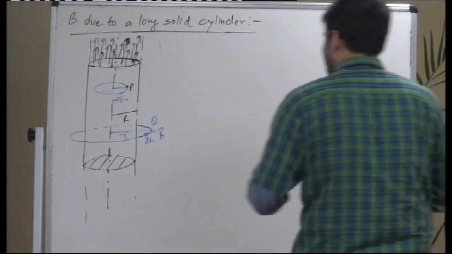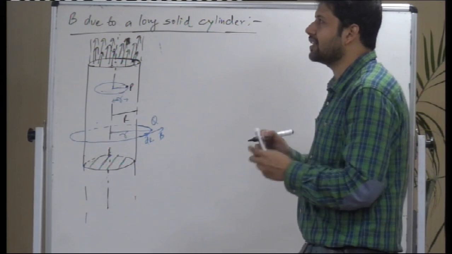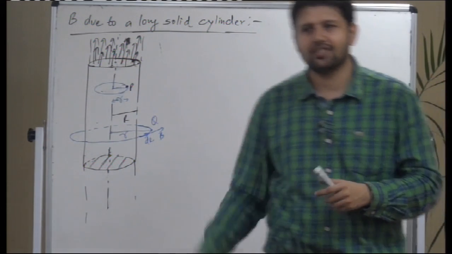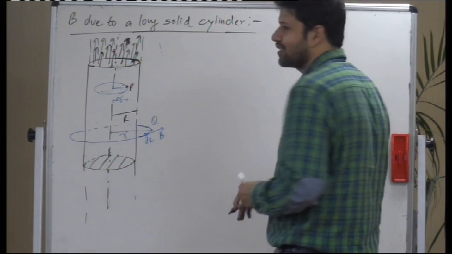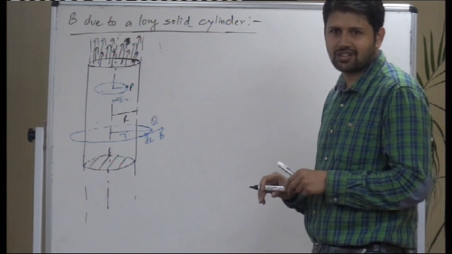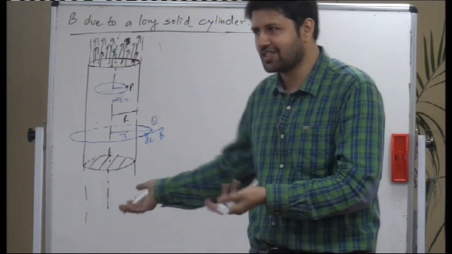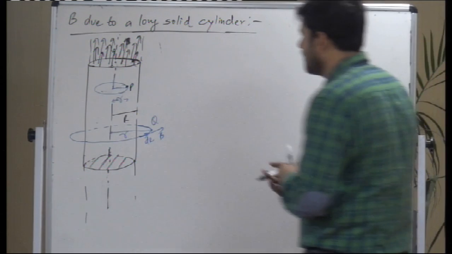This blue thing is an Amperian loop. Is it okay? If there is any other doubt, please ask. I am a little confused. We discussed the ring way back, around 9:30, an hour back. That formula was valid for n number of turns. I'm not sure how you are fitting the ring in there, in the cylinder. Okay, so let's continue.